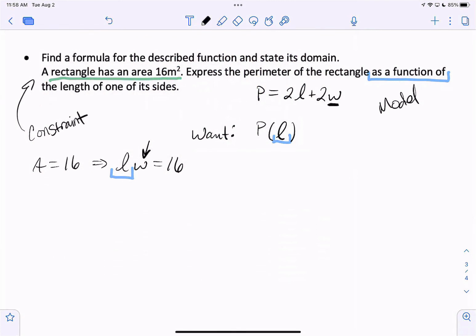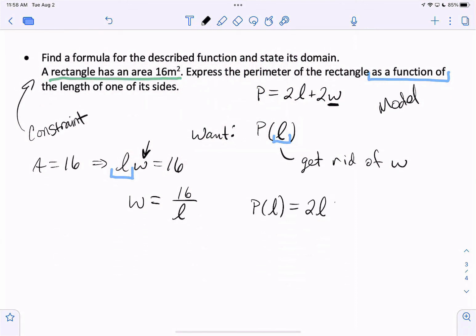Since I want P of L, that means we want to get rid of the W. And in order to get rid of W, I solve for W. So here, I see that W is equal to 16 divided by L. Now I can express P of L as 2L plus 2 times 16 over L. So I've replaced W by 16 over L. And I'll tidy this up to say P of L is equal to 2L plus 32 over L.